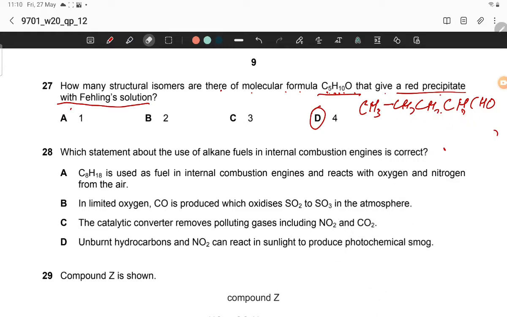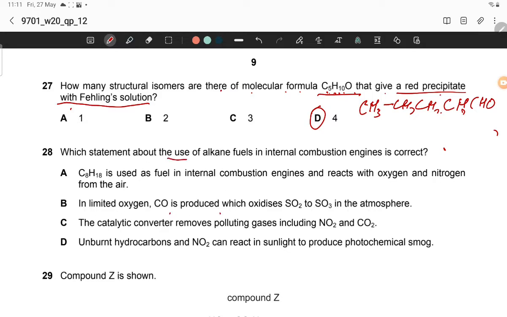C8H18 is used as a fuel in the internal combustion engine and reacts with nitrogen and oxygen from the air. In limited oxygen, carbon monoxide is produced.